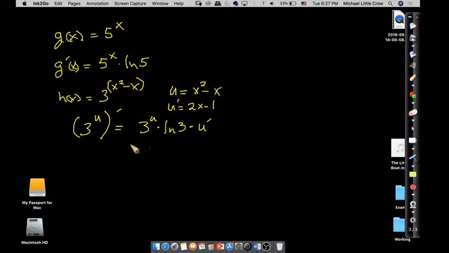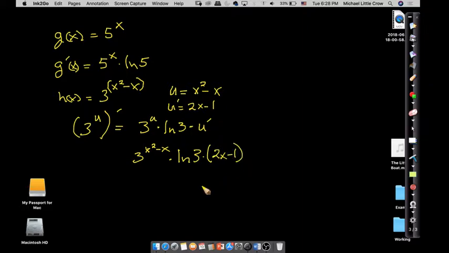And so our derivative in the end is going to be, what is u? U is x squared minus x. So notice nothing changed. That's exactly what we started with, times natural log of 3, because that's the natural log of the base, and then times the derivative of u, which is 2x minus 1.